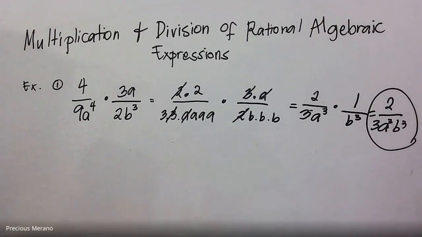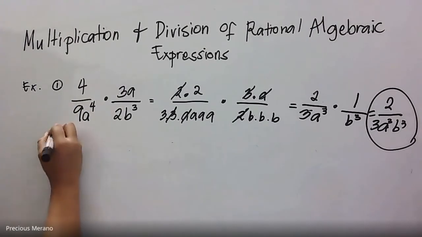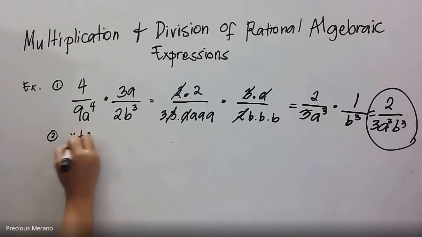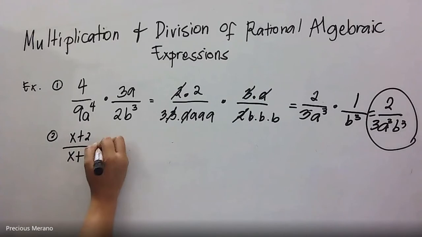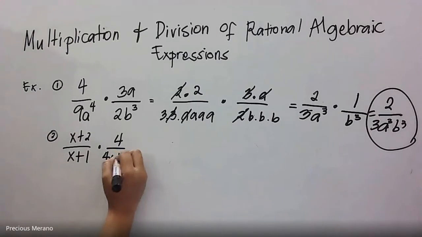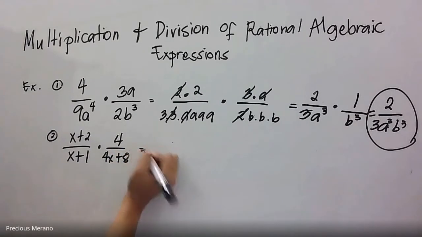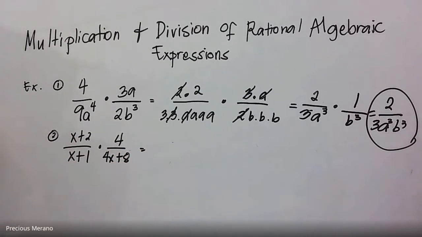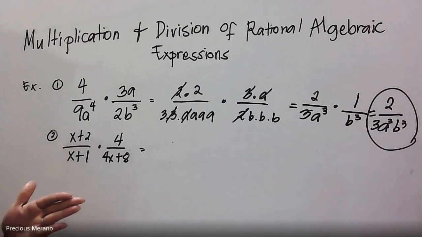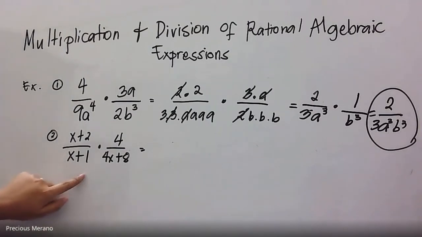Kapag binomial naman, for example, number 2 tayo: x plus 2 over x plus 1 multiplied by 4 over 4x plus 8. So again, lahat kailangan i-factor natin ha, para madali tayo makapag-cancel out, kesa i-multiply natin to tsaka natin isi-simplify. Mas mahirap yun. Okay? So ganito muna tayo.